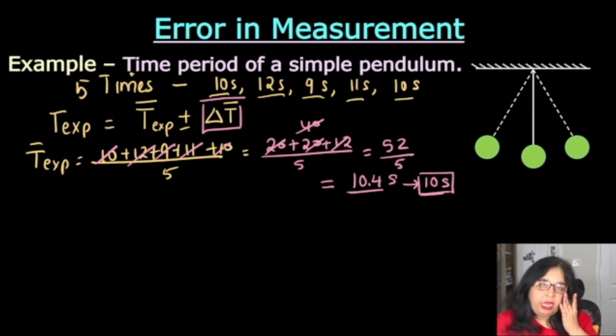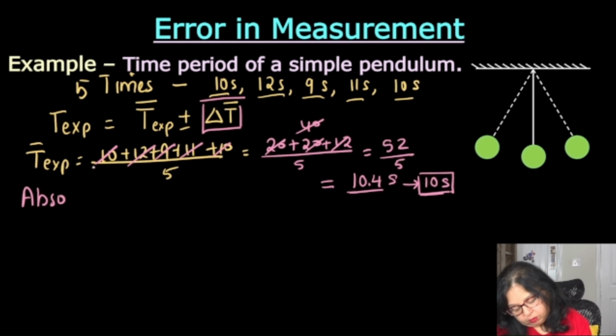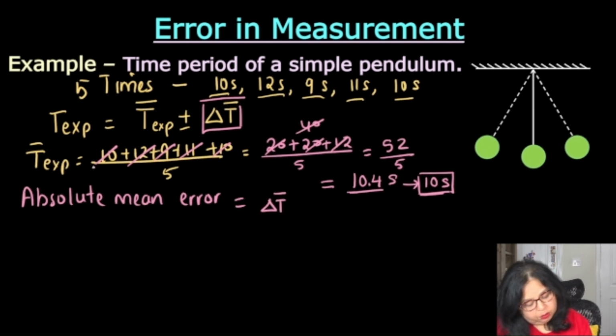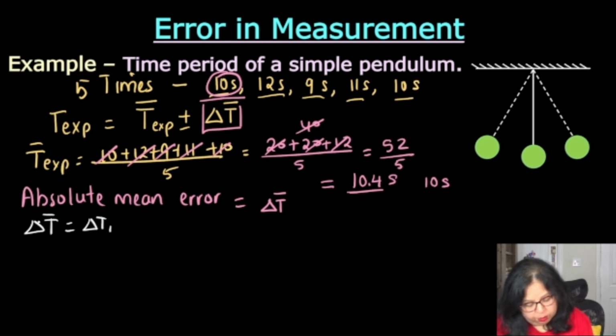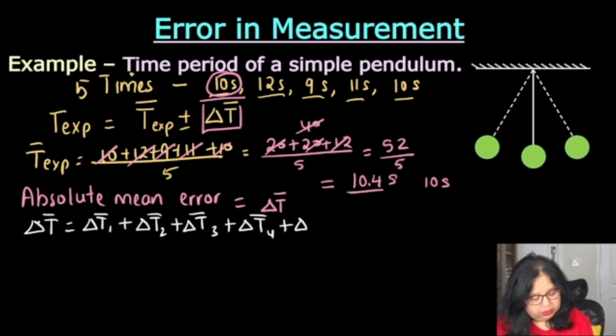We still need to measure the absolute mean error in the time period. That's delta T bar. Okay, so this delta T bar will be delta T1 bar plus delta T2 bar plus delta T3 bar plus delta T4 bar plus delta T5 bar, divided by 5.